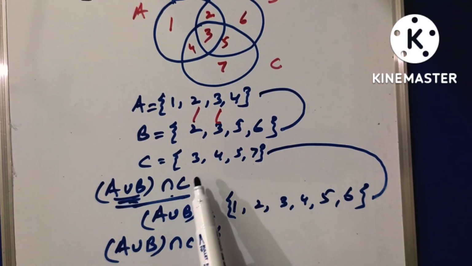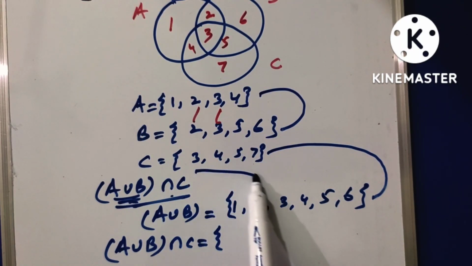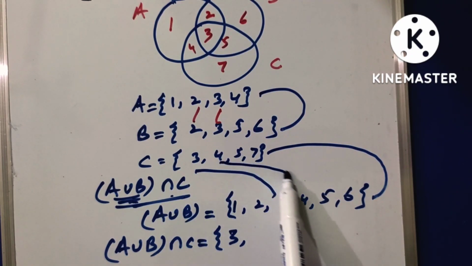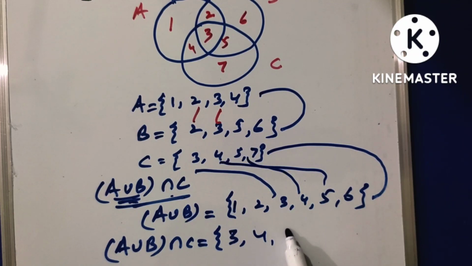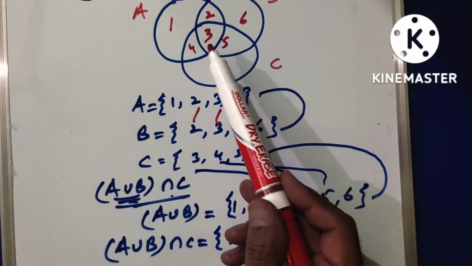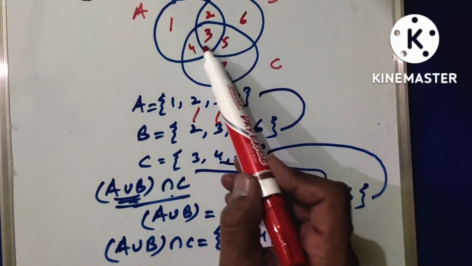Just like 3 is common, 4 and 5 as well. So 3, 4 and 5. This area is having these elements 3, 4 and 5. We have to shade them.